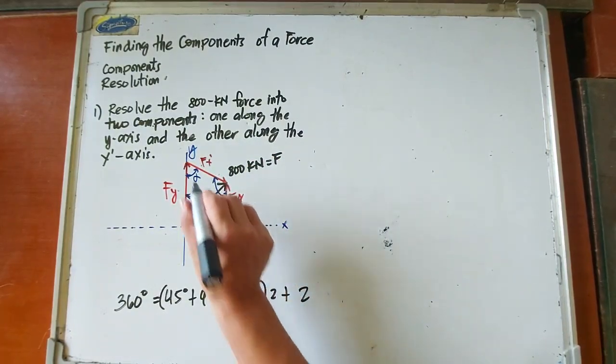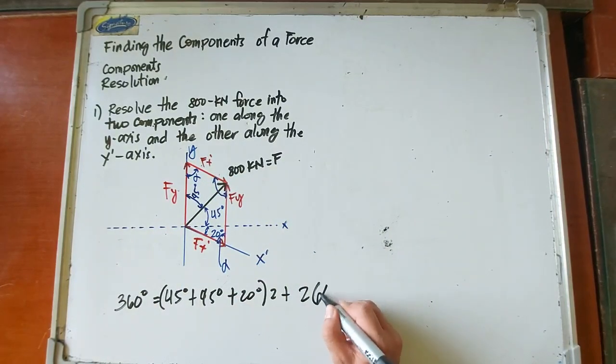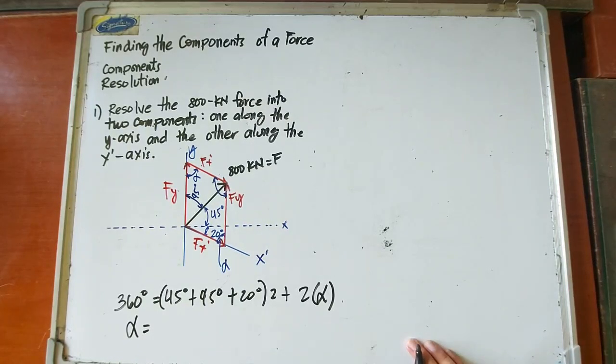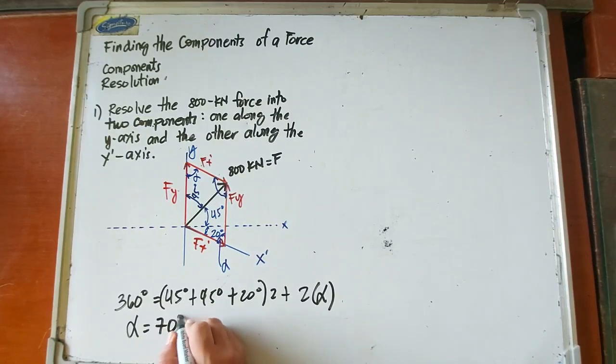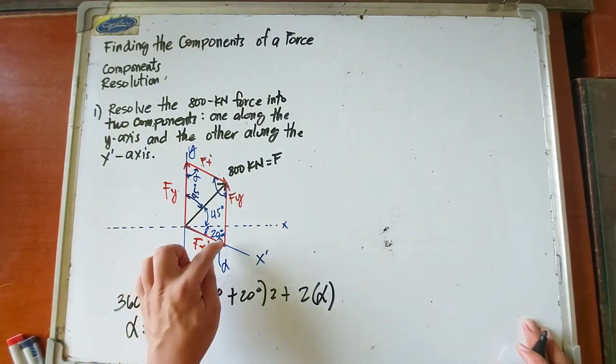So angle alpha plus angle alpha, twice of angle alpha. So alpha is equal to 70 degrees. Okay, so angle alpha is equal to 70 degrees. Now, we have solved for angle alpha.